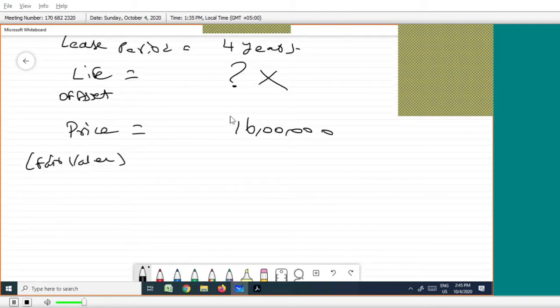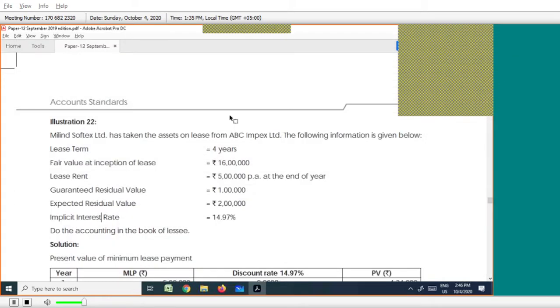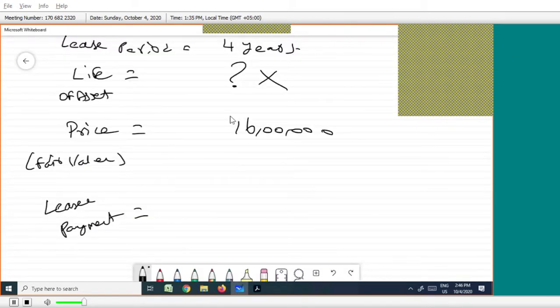Then lease payment, 5 lakh per annum, into 4 years, because lease period is 4 years, equal to 20 lakhs is the total payment.